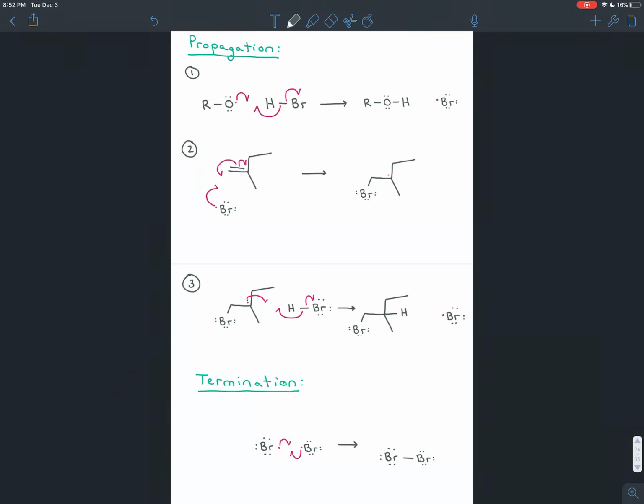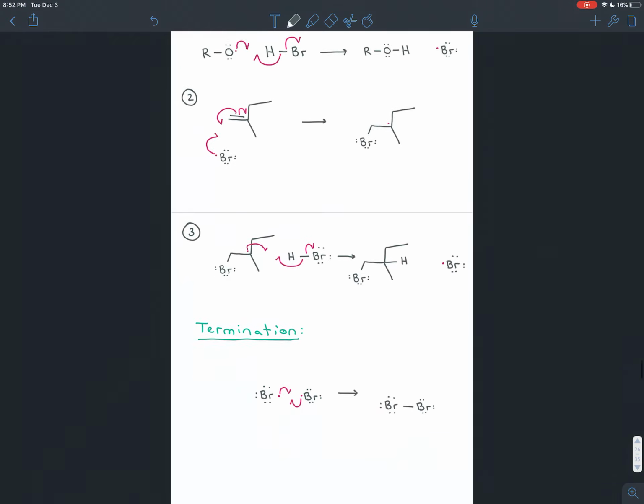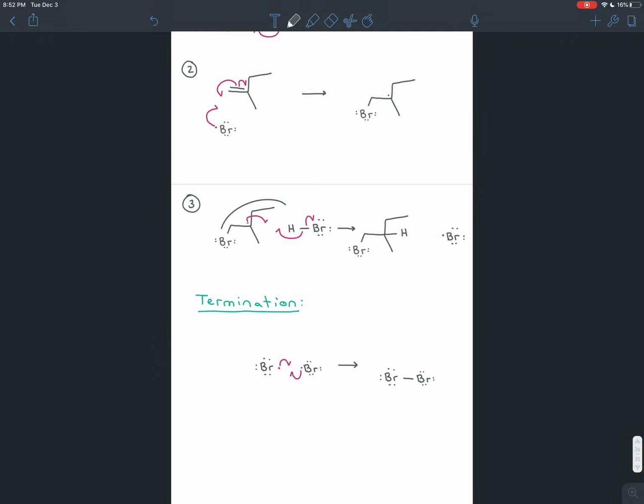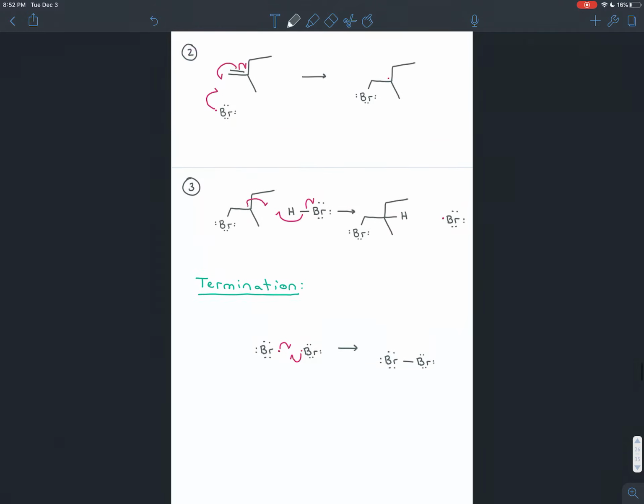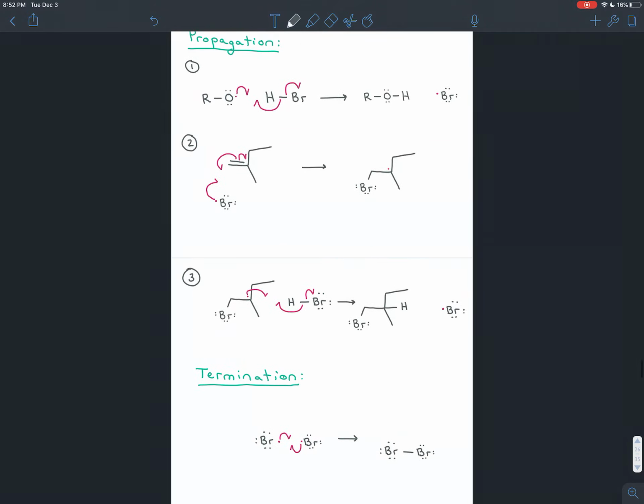It adds on the less substituted position, anti-Markovnikov, so that a radical forms on the more substituted position. That's the more stable radical. The radical steals a hydrogen, and ultimately the bromines pair up to terminate the reaction. So hopefully this video helps a little bit with thinking through and drawing these radical additions of HBr to an alkene.